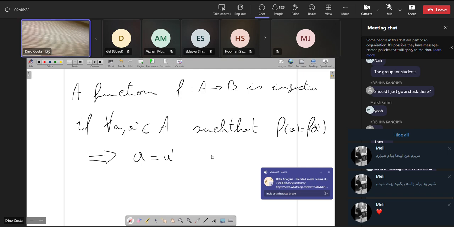So if it happens that f(a) is equal to f(a prime), then the only possibility is that a is equal to a prime.